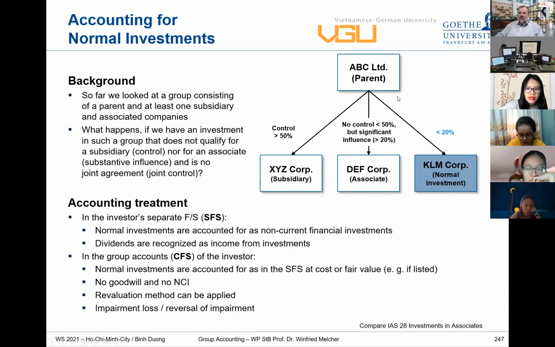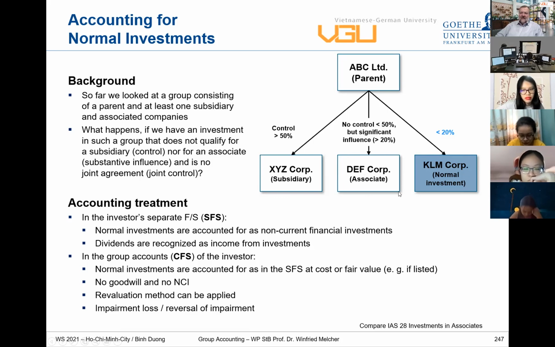This is the group that has to set up the group accounting. And then we have two other entities which happen to be there. They will not be fully consolidated into the group. We know that already for the DEF Corporation.